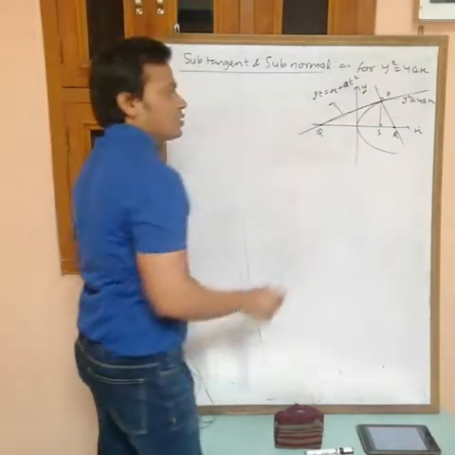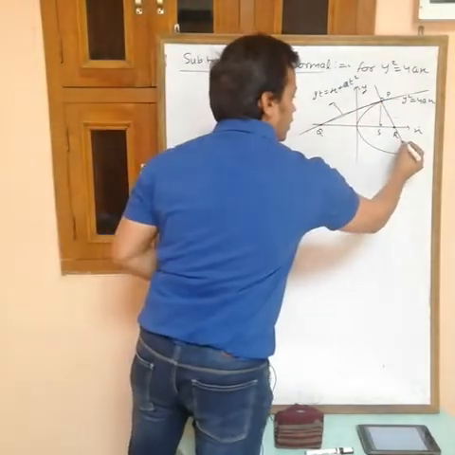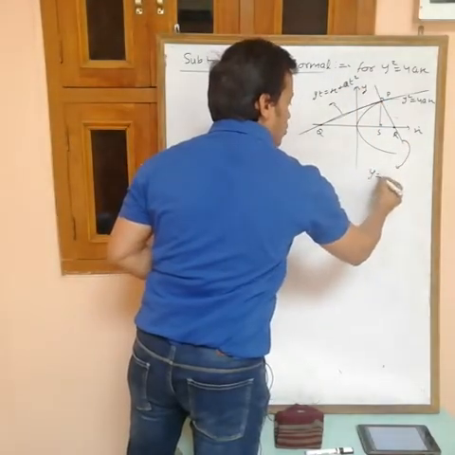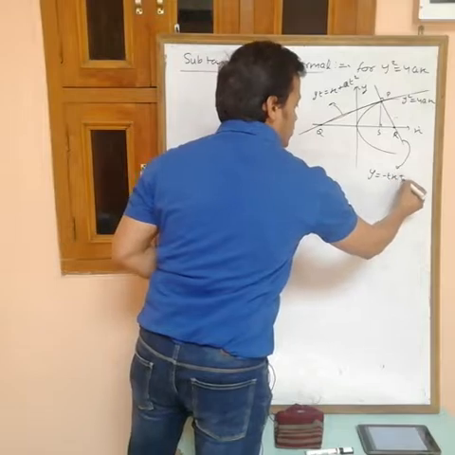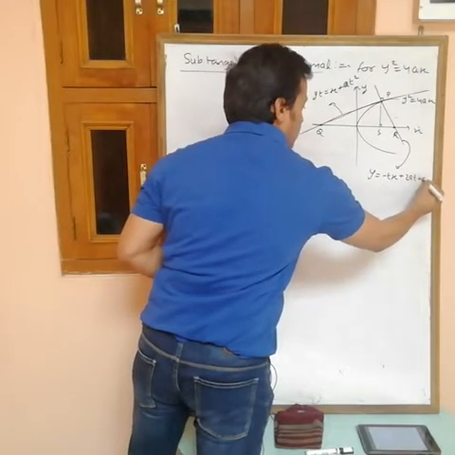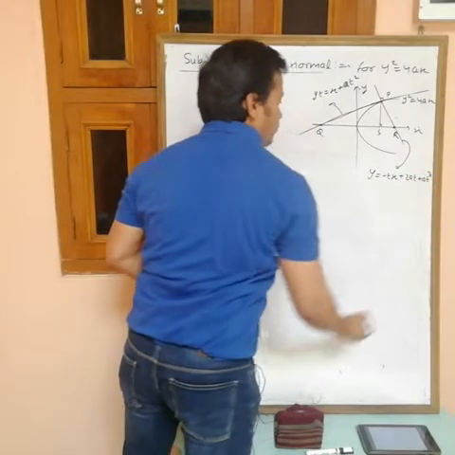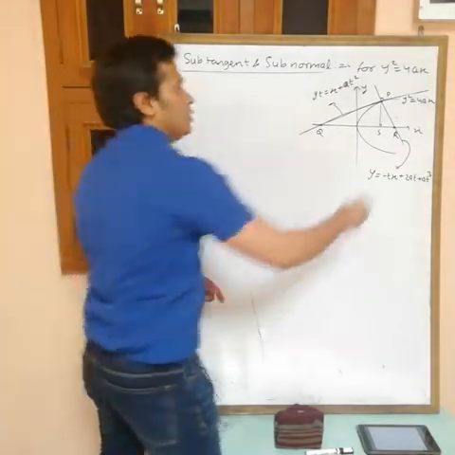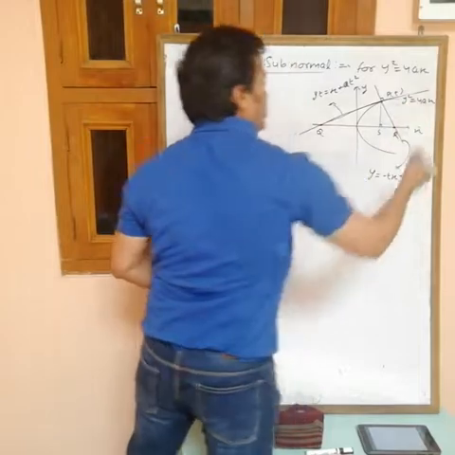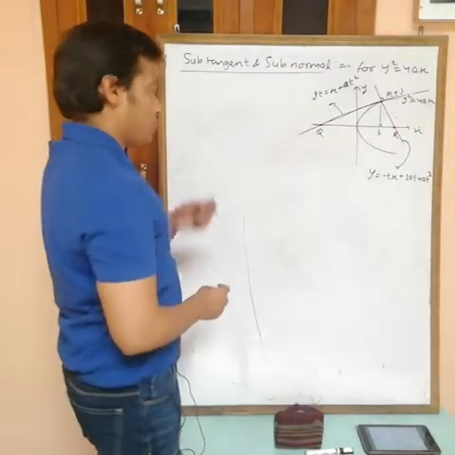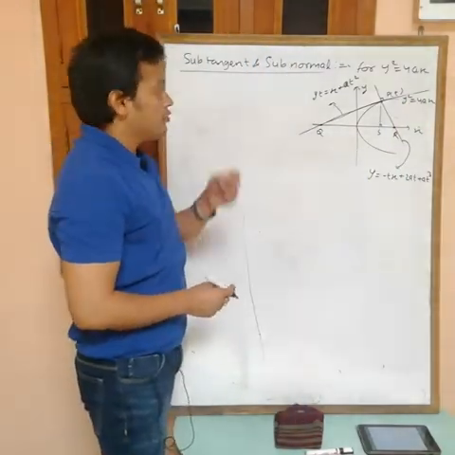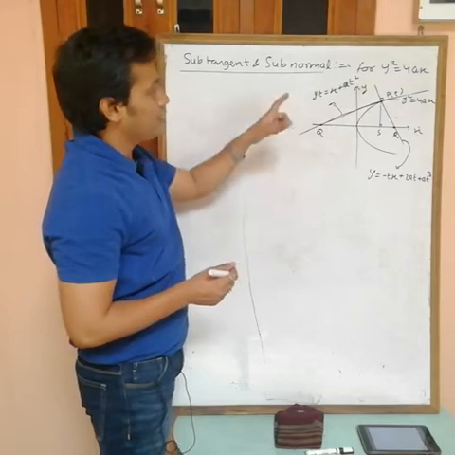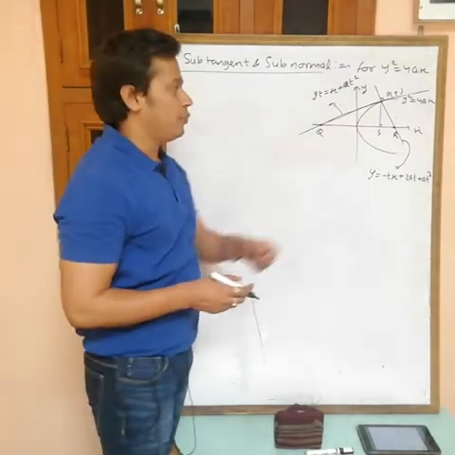And the equation of normal is y equals to minus tx plus 2at plus at cube. P is any general point at square comma 2at, so the parameter is t. So we are drawing the tangent at P and normal at P.